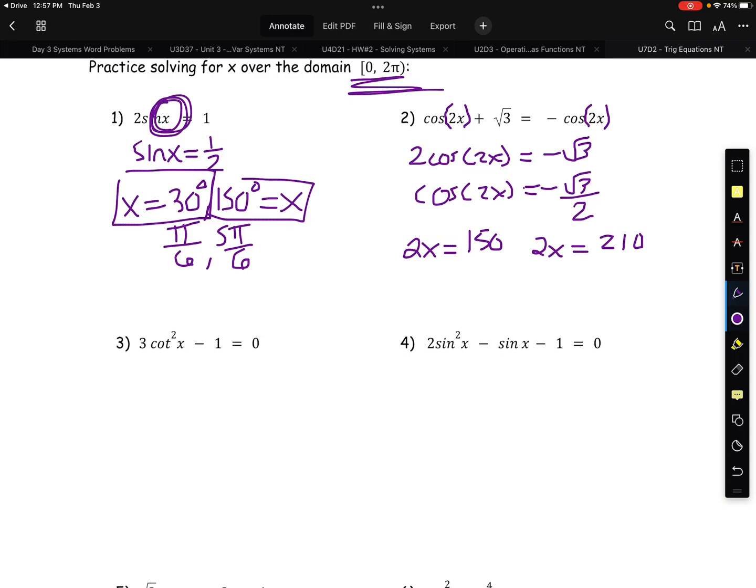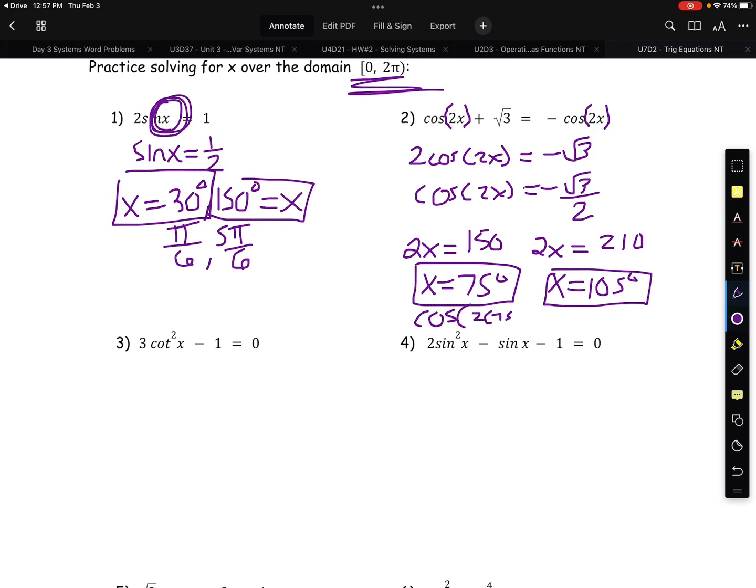That's where cos is negative rad 3 over 2. But since we have it as 2x, we divide by 2 and get 75 degrees and 105 degrees. And why do we do that? Because since it's 2x, when we plug in cos of 2 times 75, that's where we get our cos of 150, which is negative rad 3 over 2.